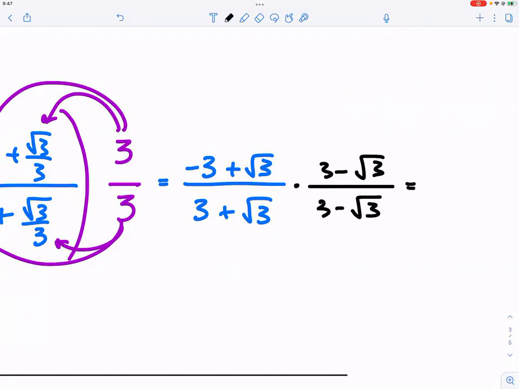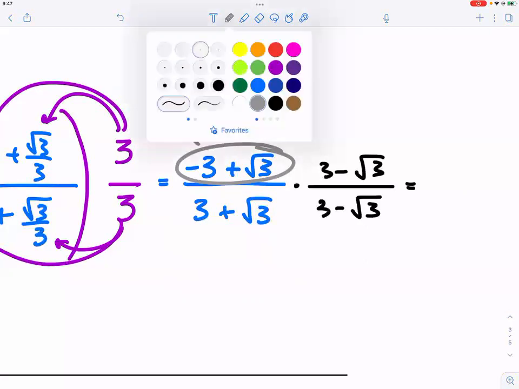Now, by the way, I'm not sure if you see it here. This thing right here, do you know that it can be written as -3 minus √3? Okay. Because you see something that's quite similar, and I want to make sure that you can see it.